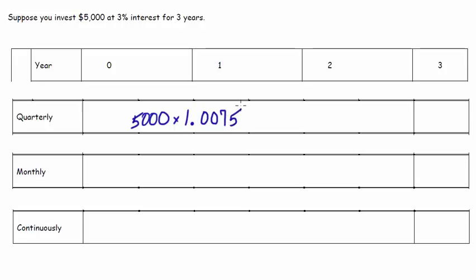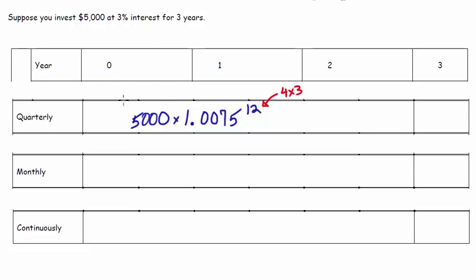Okay, now how many times am I going to get paid? If I get paid 4 times a year for 3 years, would that be 12? So we're going to get 12 up here. Now where in the world did that 12 come from? Well, quarterly, 4 times a year for 3 years.